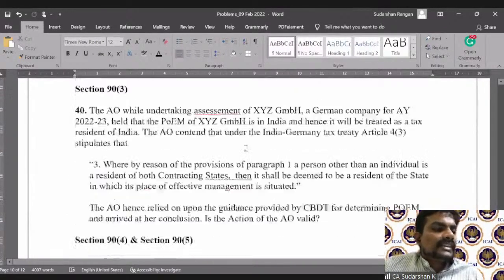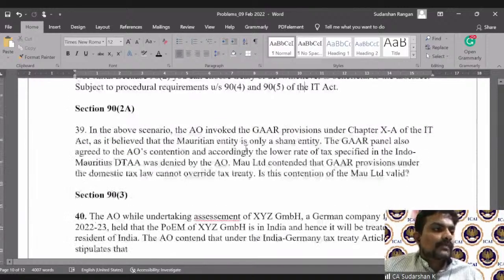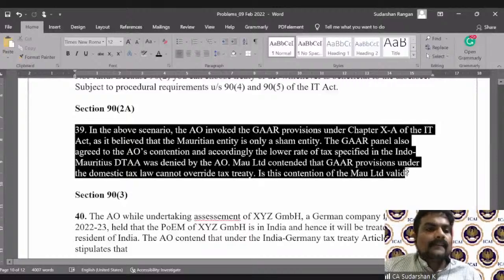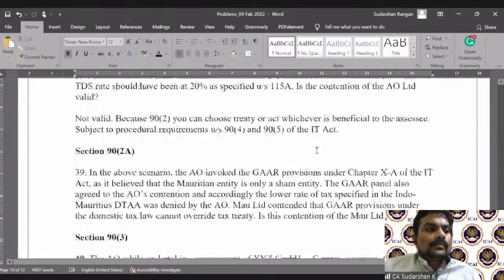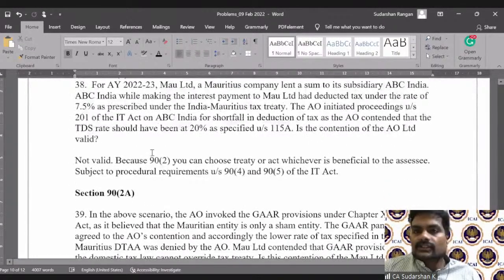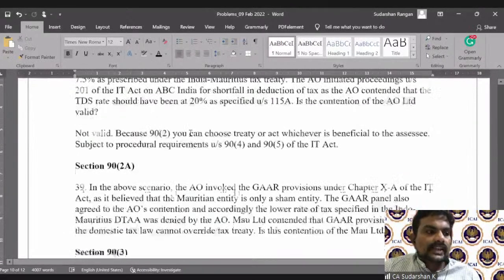Now, having seen the procedural requirement, let's look at question number 39. This is an extension to the interest payment question in 38.